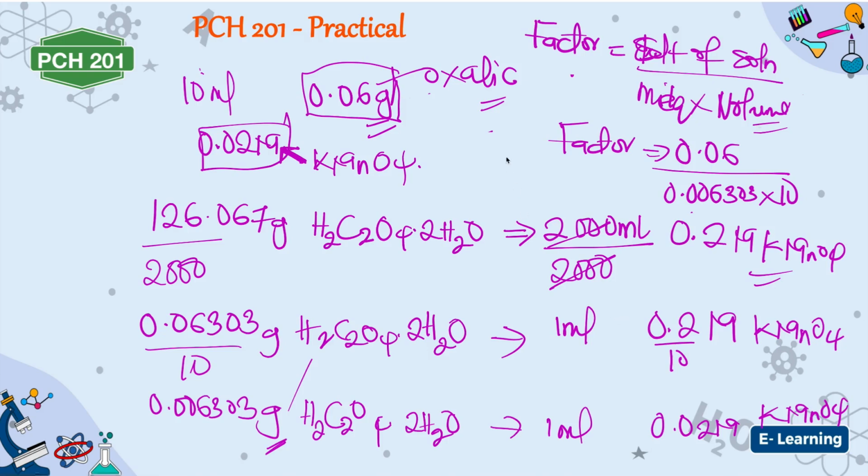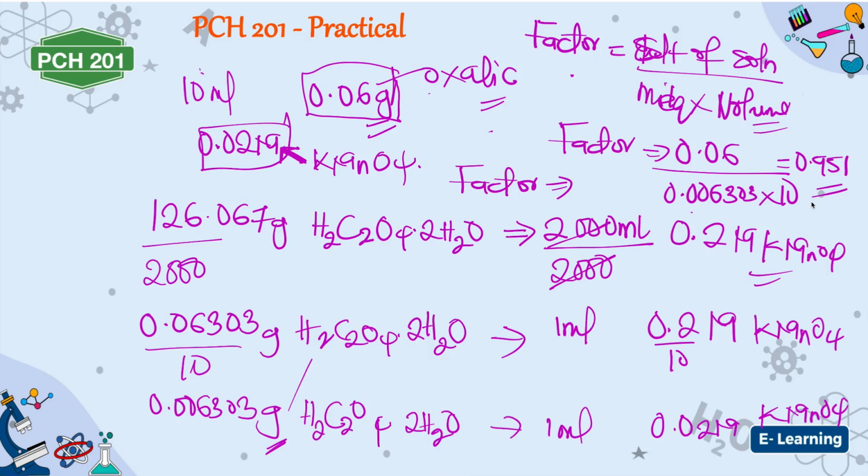So when you calculate, you'll be able to get the factor, which in this case is 0.06 divided by 0.006303 times 10, which is approximately 0.951. In this case, our factor is 0.951.